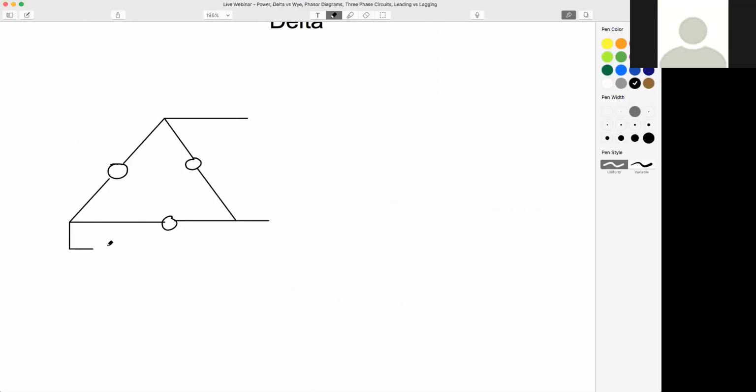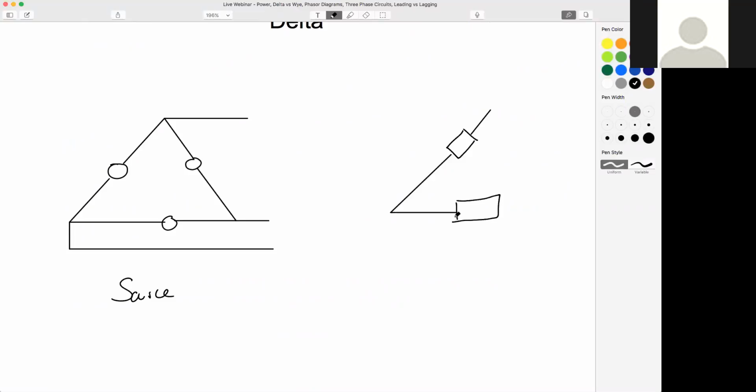This will be our source, of course. And over here on the right, I'll draw our load. Again, not the best artist in here. I don't want to take too much time drawing these out, so I don't want to take away from a good discussion, but I think that gets the point across.